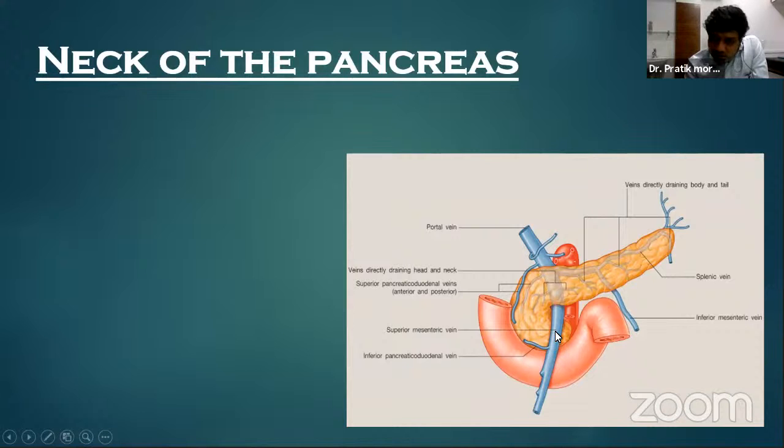The superior mesenteric vein is going, and then it goes on the back of the neck of the pancreas. You can see that, and here it is cut. This is the superior mesenteric artery, which is cut here. Otherwise, you would have seen it is a continuous thing. And on the posterior aspect, you can see a dark red thing, which is the abdominal aorta, in the uncinate process. Okay. Anyway, understood.